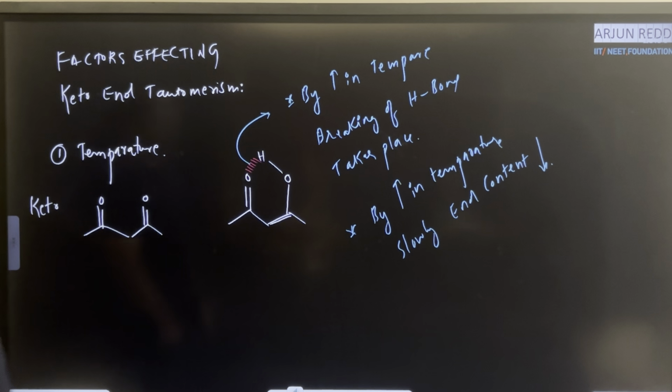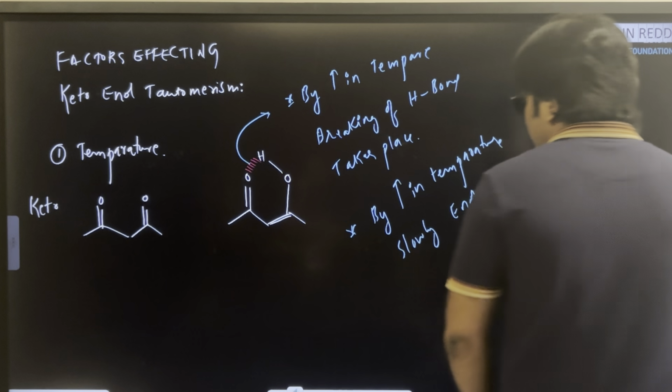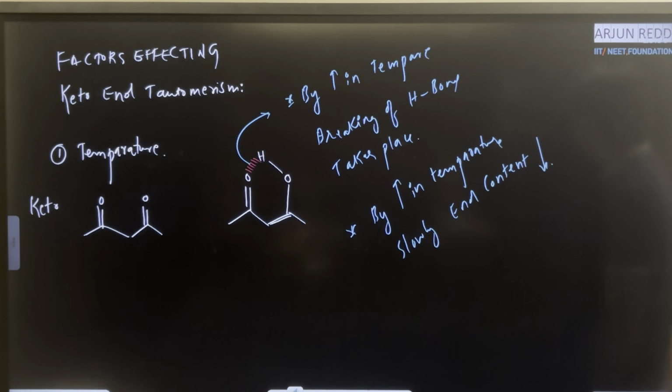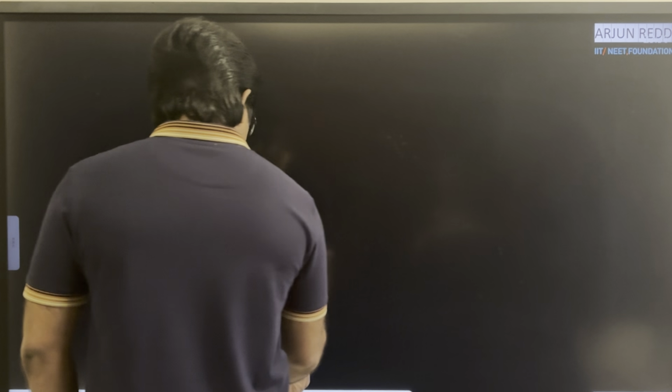By increase in temperature, breaking of hydrogen bond takes place, and slowly enol content decreases. Clear? Any doubt? Fine. Next, we are going for solvent effect. So, what is the effect of solvent in keto-enol tautomerism? Yes. Next one, effect of solvent.